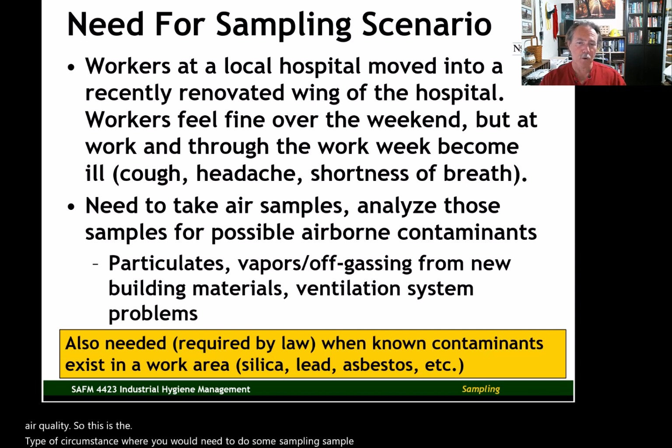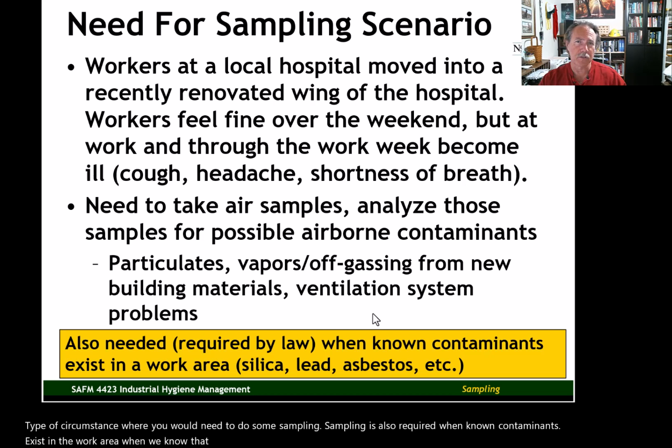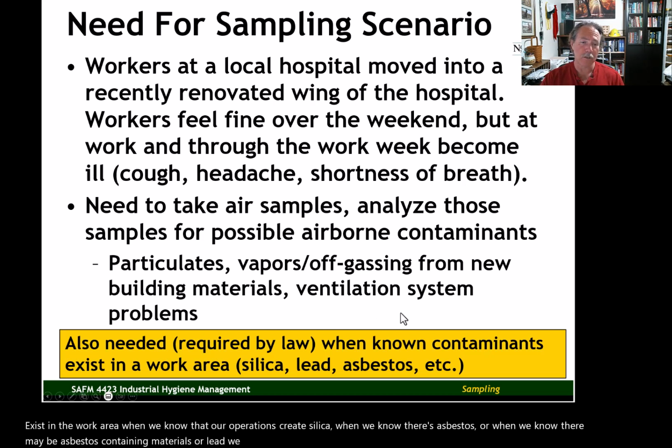Sampling is also required when known contaminants exist in the work area: when we know that our operations create silica, when we know there's asbestos or may be asbestos-containing materials, or lead. OSHA requires sampling for silica, lead, asbestos, and other substances as well. It's not optional.